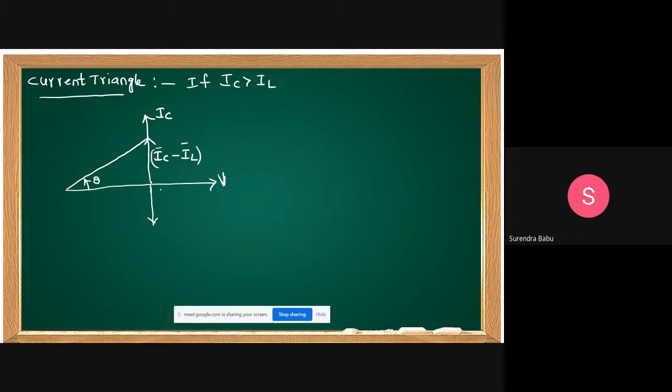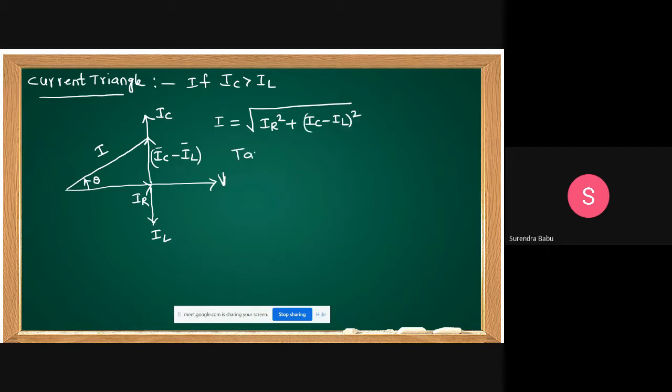This is IL. This is IR. Okay. IC greater than IL means IC side. Then this is the I. Then what is I? According to Pythagoras, square root of IR square plus IC minus IL whole square.